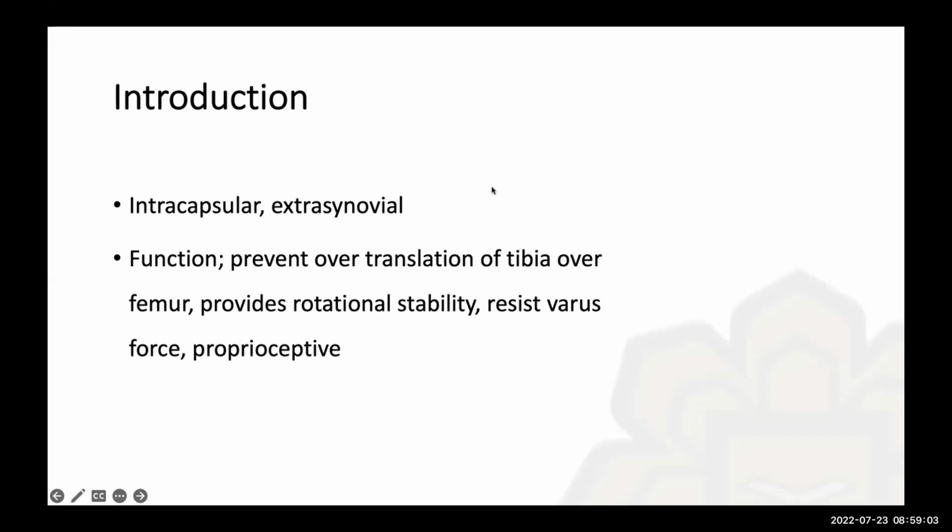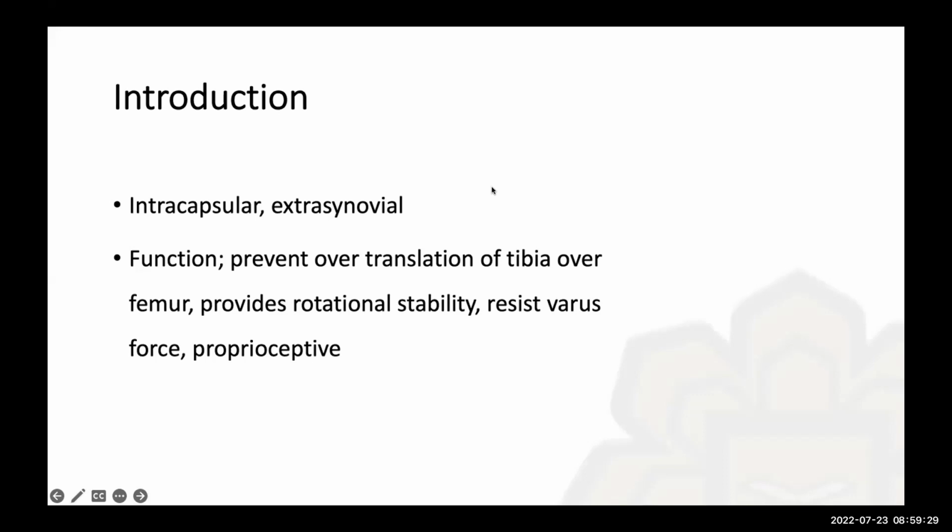So not only translational stability, but also rotational stability. This explains why a patient with an ACL deficient knee cannot perform certain maneuvers, like pivoting movements.